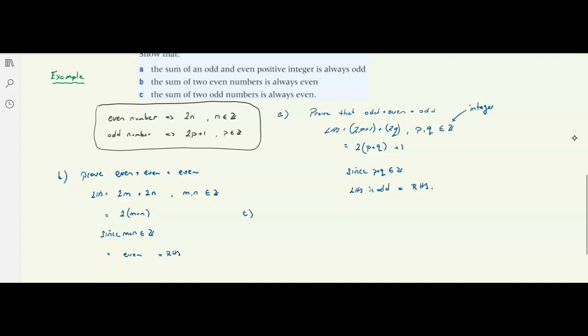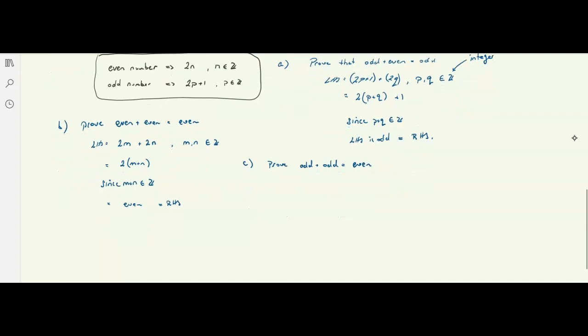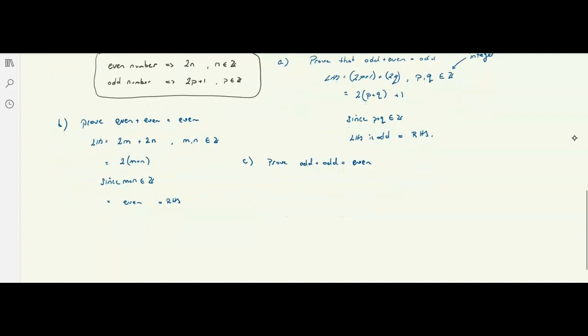And C, the sum of two odd numbers, so prove odd plus odd is equal to even. Perhaps pause the video here and have a go at this yourself. So now, rewriting this, the left-hand side is equal to an odd number, I'll go with 2m plus 1, plus an odd number 2n plus 1, where m and n are integers.